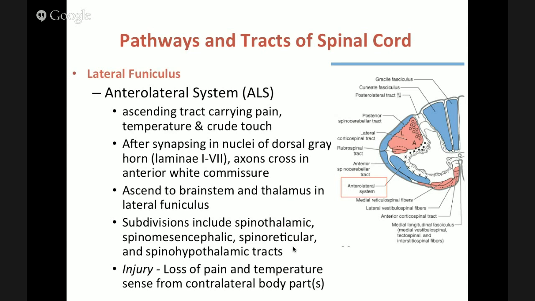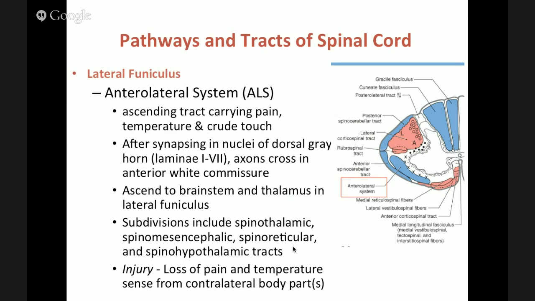And then finally, there are the spinohypothalamic tracts. So the spinoreticular, spinomesencephalic, and spinohypothalamic are the other axons in the anterolateral system besides the spinothalamics.